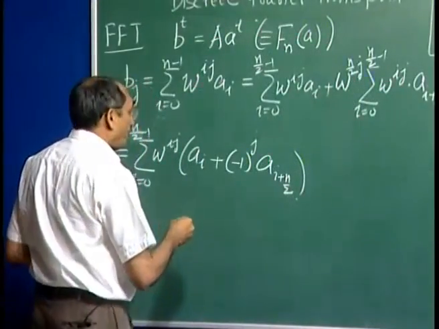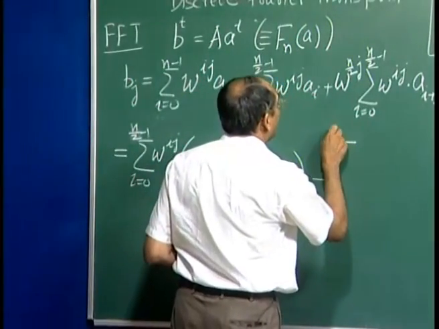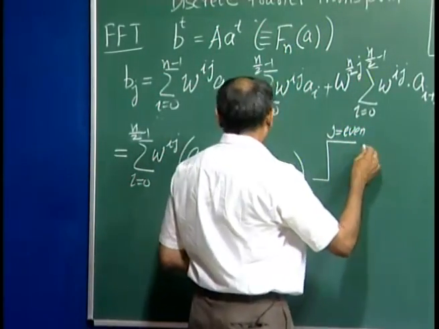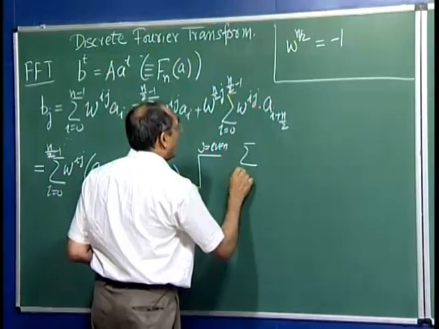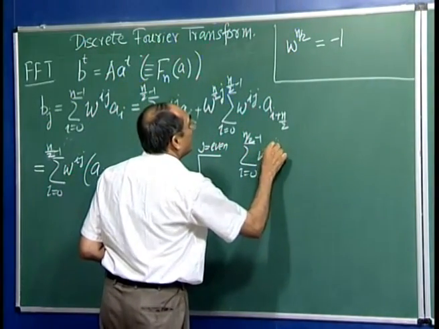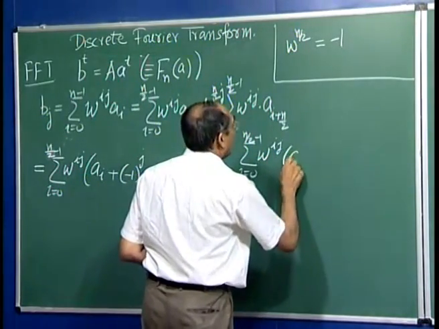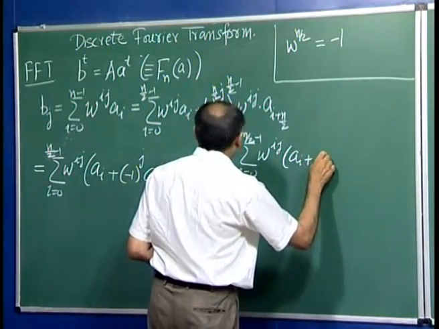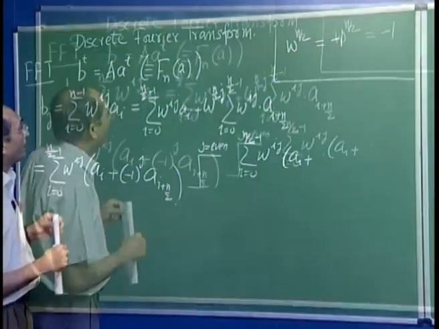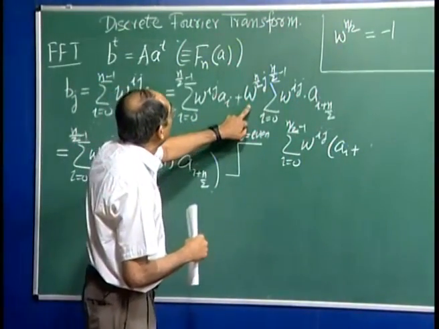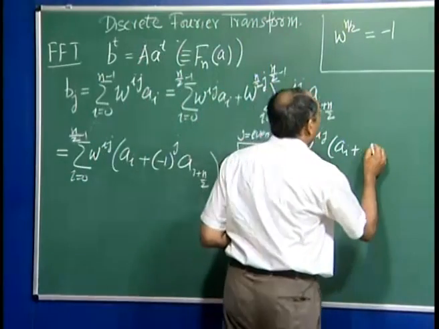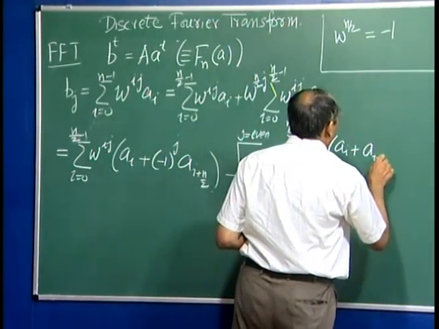Here we take j to be even. I am going to have this sum, i going from 0 to n by 2 minus 1, of w^(ij) times a_i plus w^(n/2 times j) a_(i plus n by 2). So this is fine.